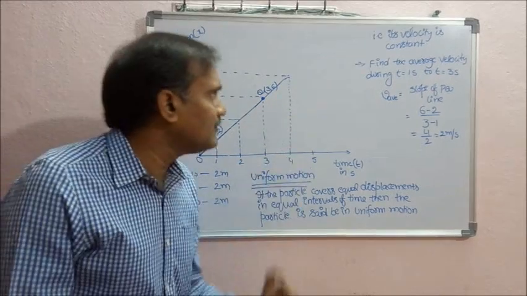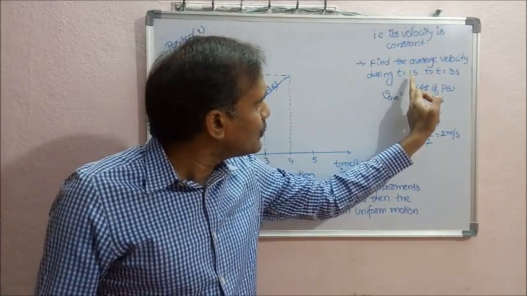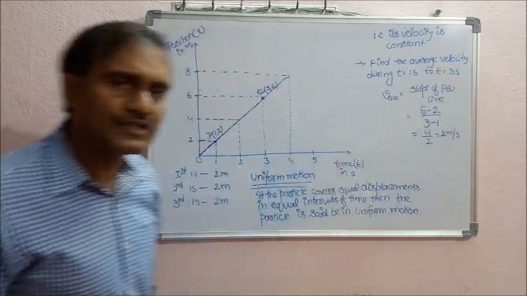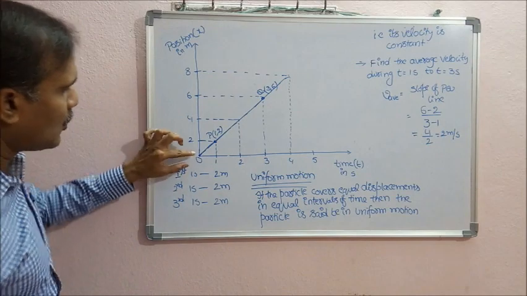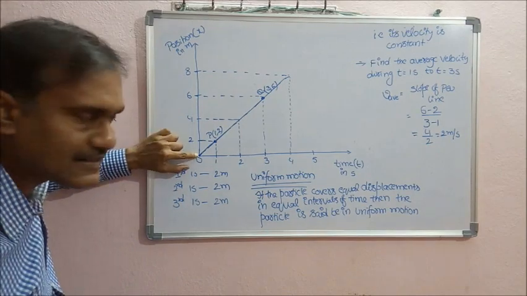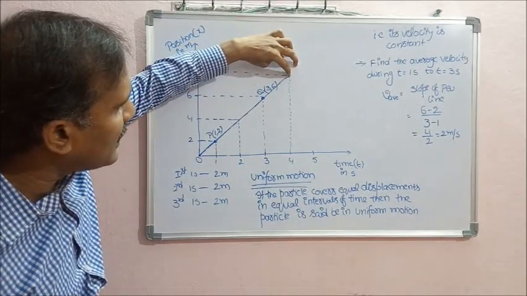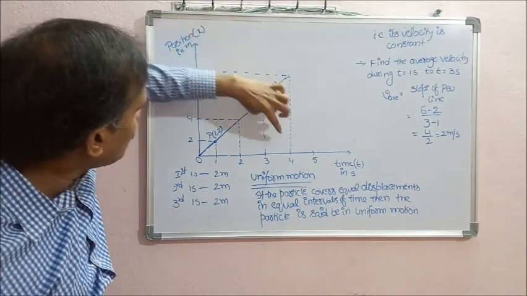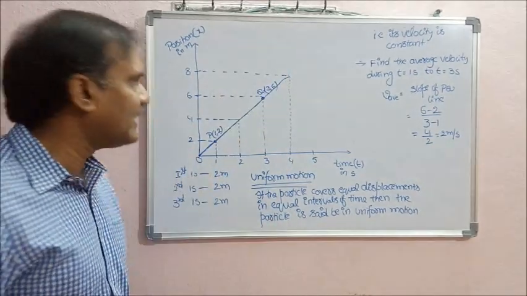Now you can observe average velocity during the time interval t is equal to 0 seconds to t is equal to 4 seconds. Coordinates of this point is 0, 0. Coordinates of this point are 4, 8. Now, what is the slope of this line?